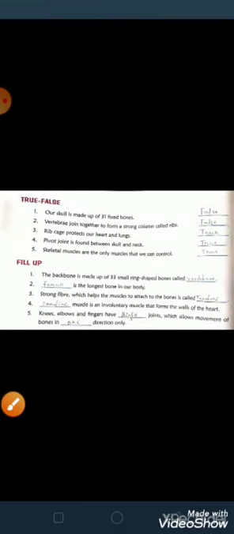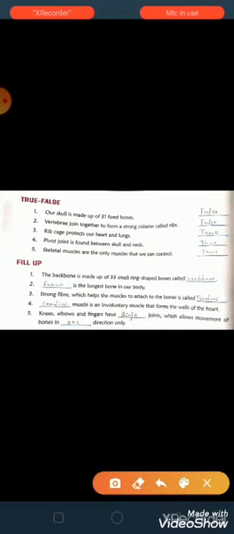Now we will go to the next one, that is fill in the blanks. The backbone is made up of 33 small ring shaped bones called dash. Our backbone is made up of 33 small ring shaped bones. As before I had shown you the picture of backbone also, children. So you just remember it.